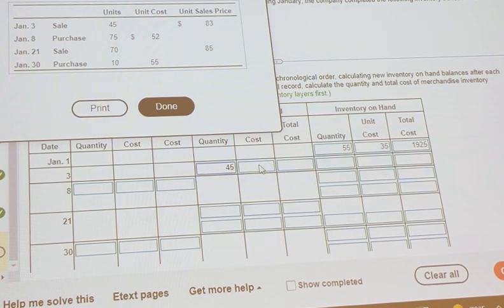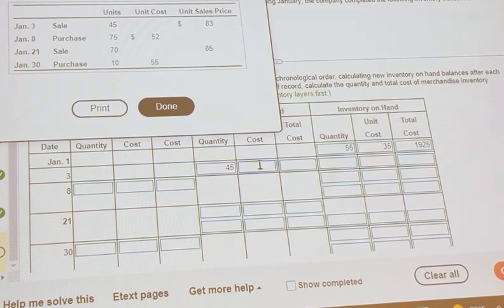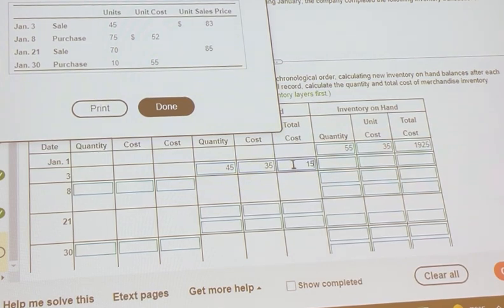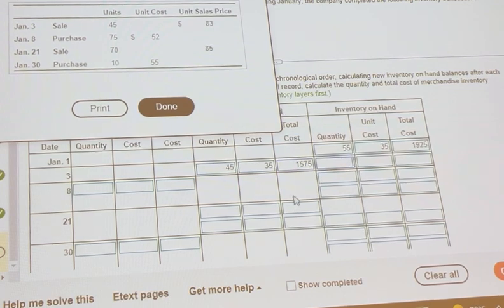This would have to come out of the beginning inventory at this point, so cost of $35 each. Total cost multiplying would be $1,575. And then that would leave us in inventory with 10 units at $35 each, total cost of $350.